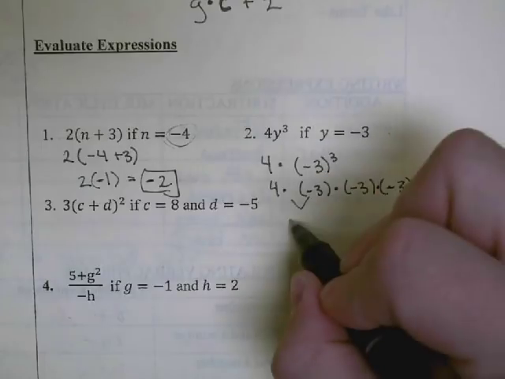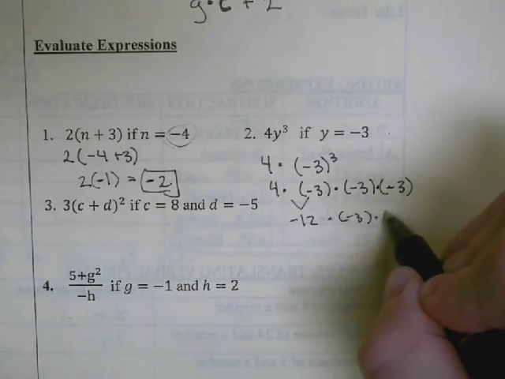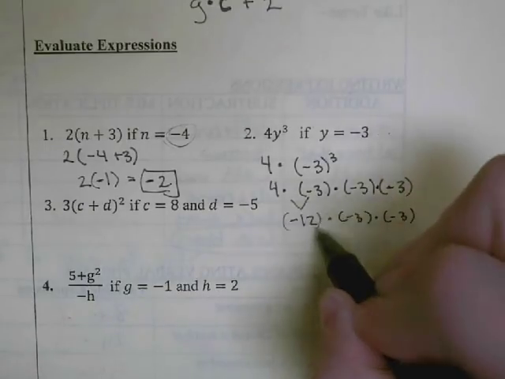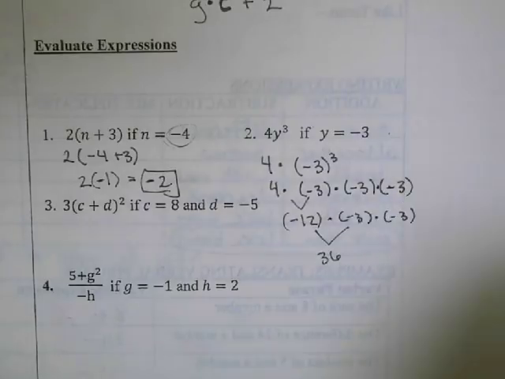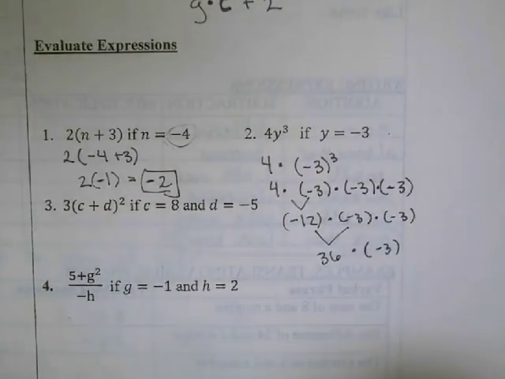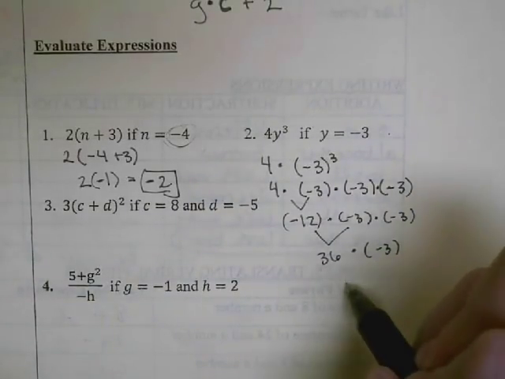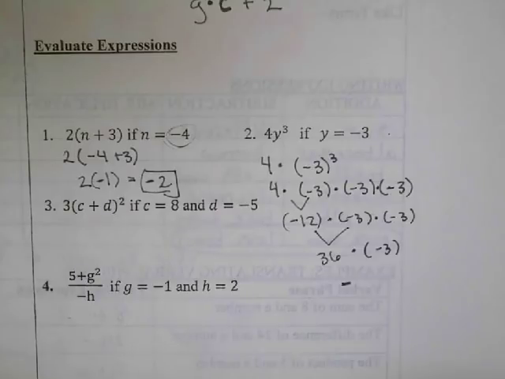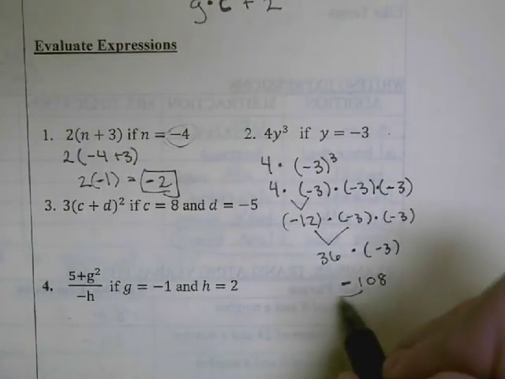Positive times a negative is a negative, negative 12 times negative 3 times negative 3. And then we'll do a negative times a negative is positive, and 12 times 3 is 36. Bring down that last times negative 3, and we'll get positive times a negative is negative, and 3 times 36 is 108. And then we're done.